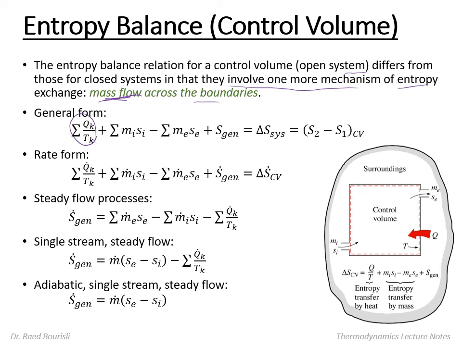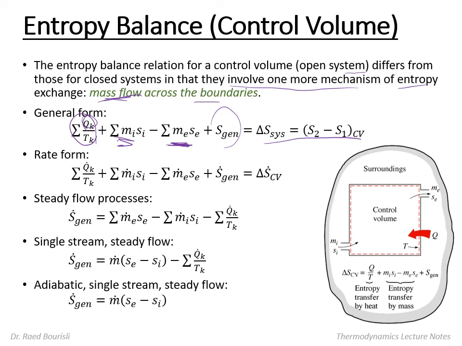You have entropy transfer by heat. Of course, this is in or out, depending on the value of Q. I don't have to say Q in minus Q out. I just put it as a number, and it's a directional quantity, so it takes care of itself. Plus the entropy with the mass in, minus the entropy going out, plus the entropy generation is equal to the change in entropy of the system.